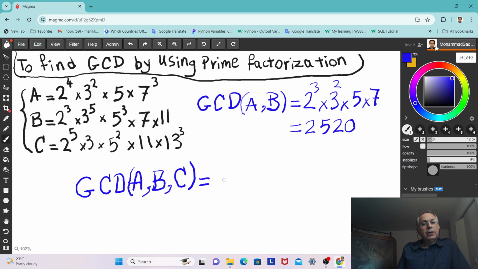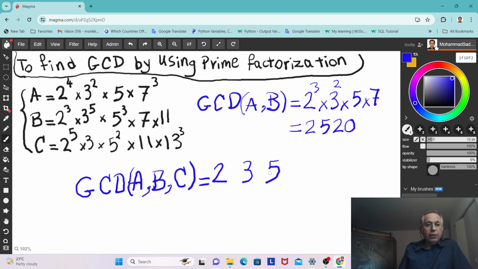Second step, recognizing the common prime factors. The common prime factors between A, B, and C, the first one is 2. Second one, 3. And third one is 5.